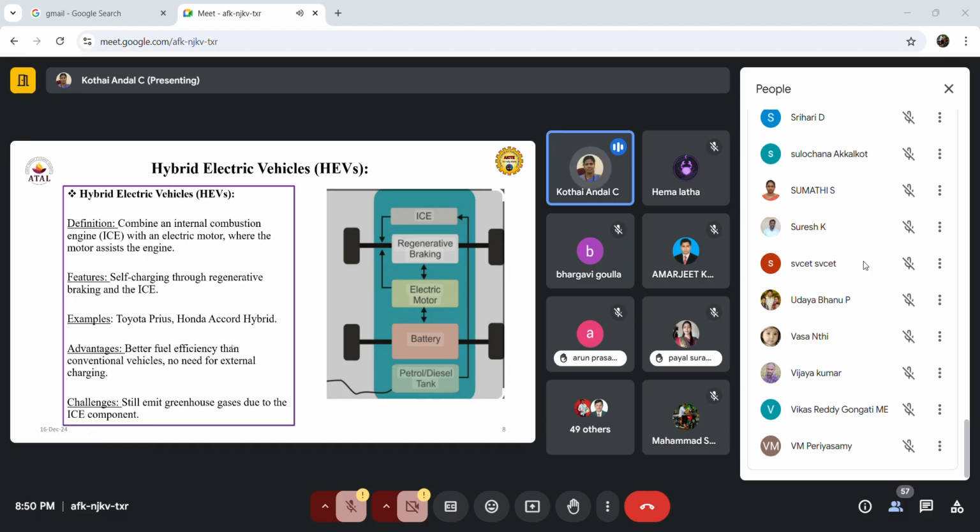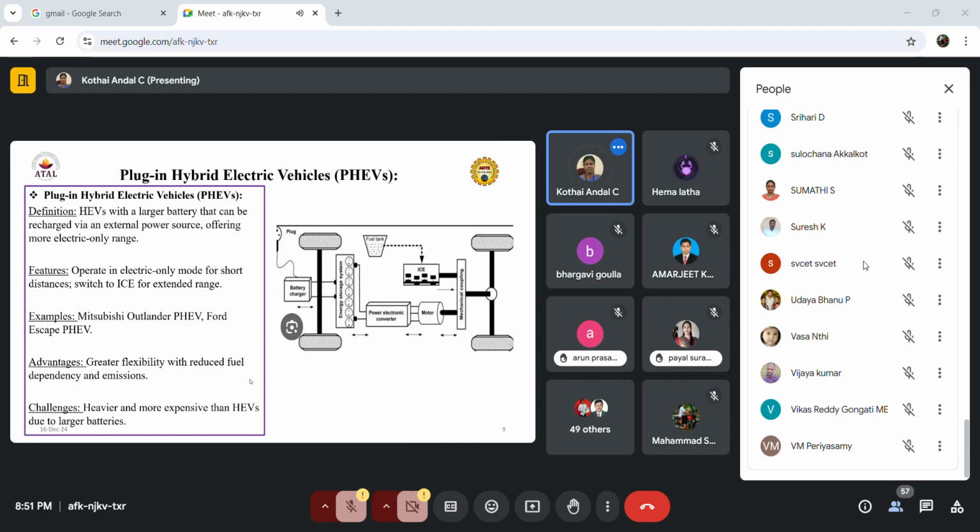The advantage is better fuel efficiency than normal conventional IC engines. There is no need for external charging because through regenerative braking, the battery is automatically recharged. So there are no extra charging bills here. But the challenge is that it still depends upon the IC engine, so we can expect some carbon emissions here.